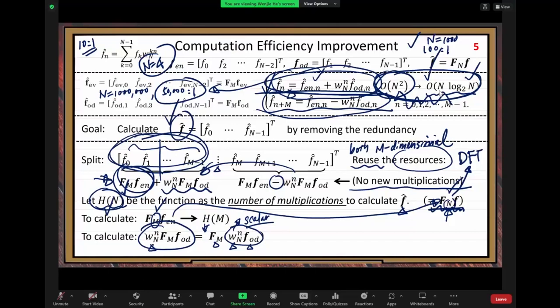Actually, you should not multiply these two matrices first. You should do this multiplication, then the scalar last, and then you get the same number of multiplications. I write this form in this way because we can apply the H function easily.